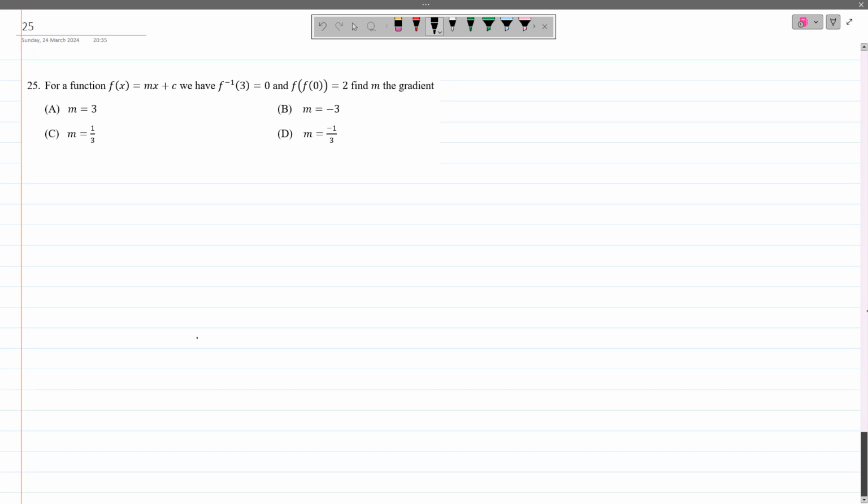So since we know the coordinates of the inverse of f, which is the inverse, not the derivative, if I said derivative earlier, this is the inverse of f.